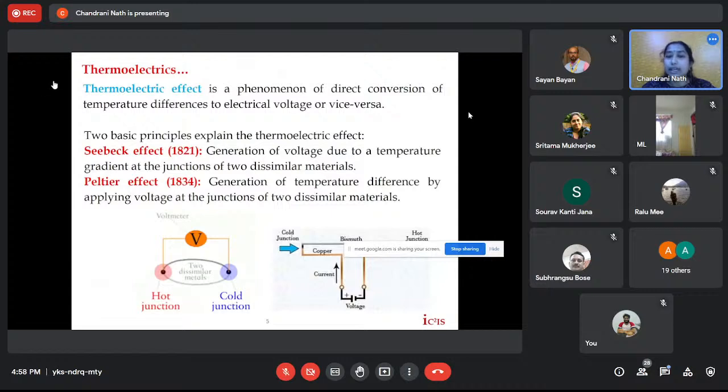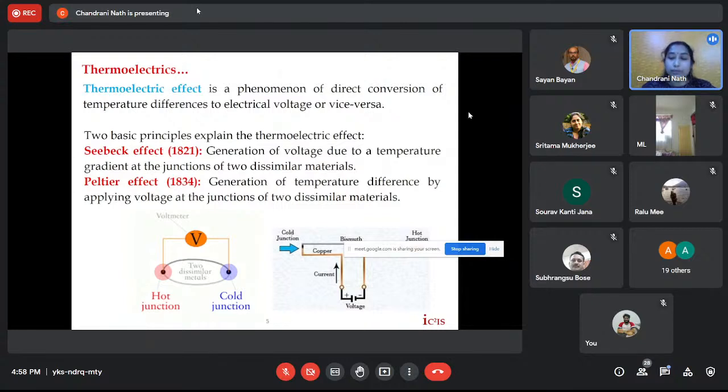These are materials that work with the phenomenon of the thermoelectric effect. So what is this phenomenon then? This phenomenon is basically direct conversion of temperature differences to electric voltage or vice versa. That means if you provide electric voltage, that can create a temperature difference.